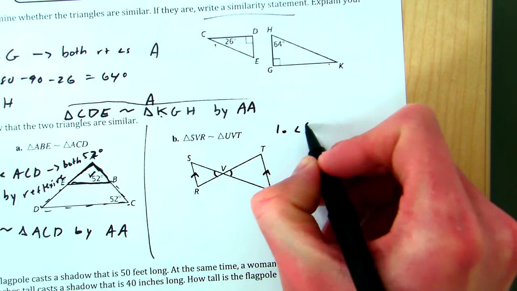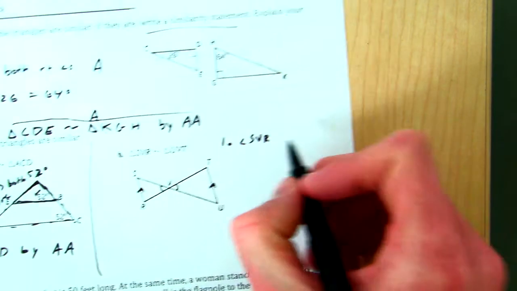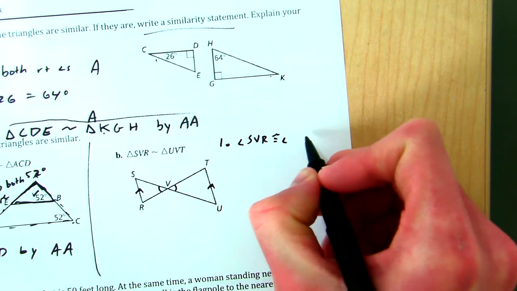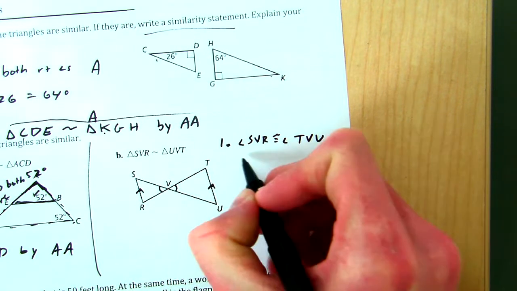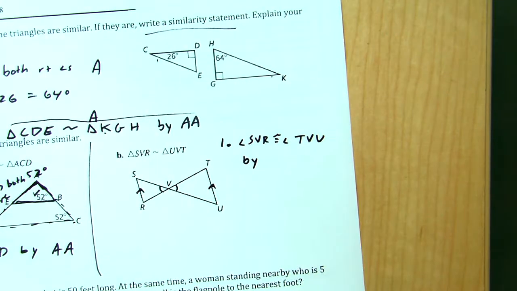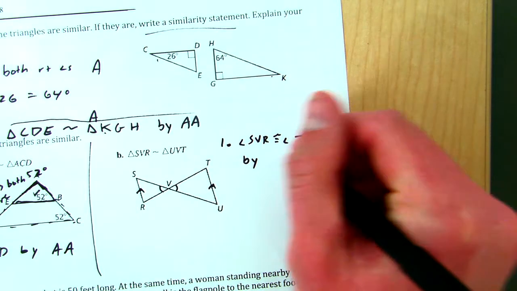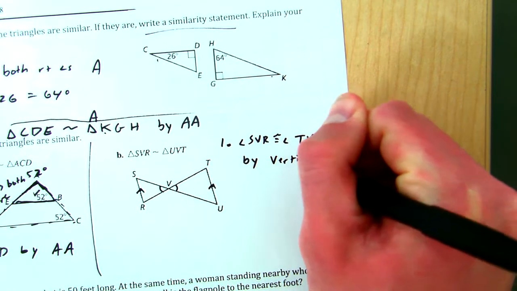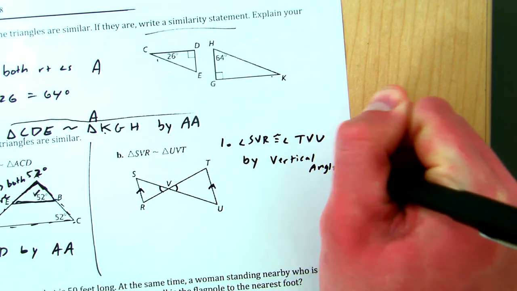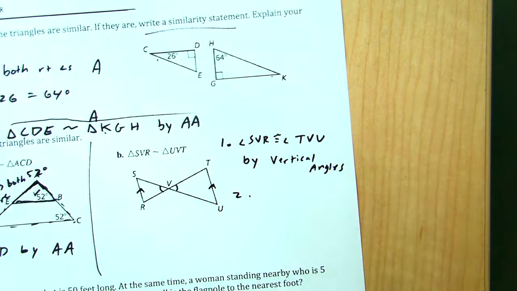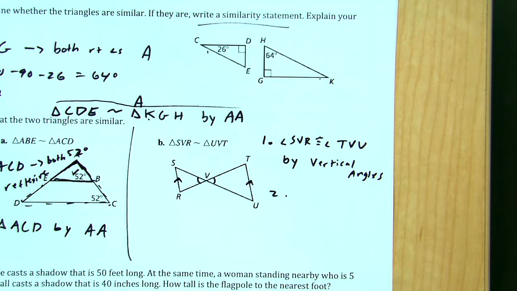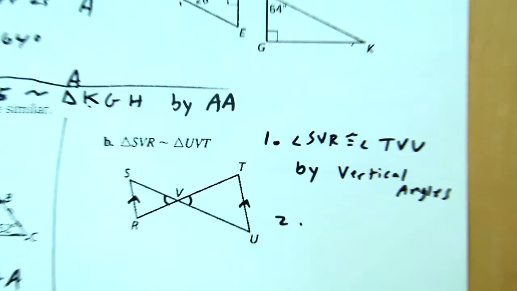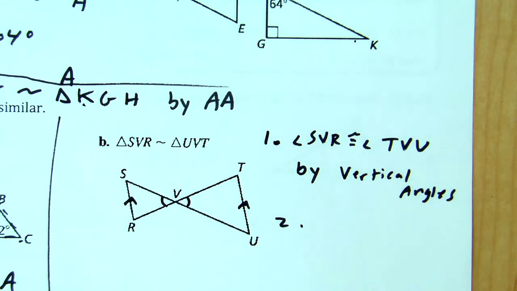Why is it that angle SVR has to be congruent to angle TVU? This is by vertical angles. Hopefully you remember that from first semester. So angle SVR has to be congruent to angle TVU because these are vertical angles.